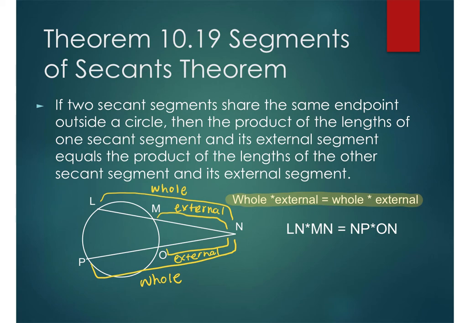So just like with the two chords that intersected, right? The product of the whole times the external of each of these secant segments is going to be equal to the whole times external of the other secant segment.